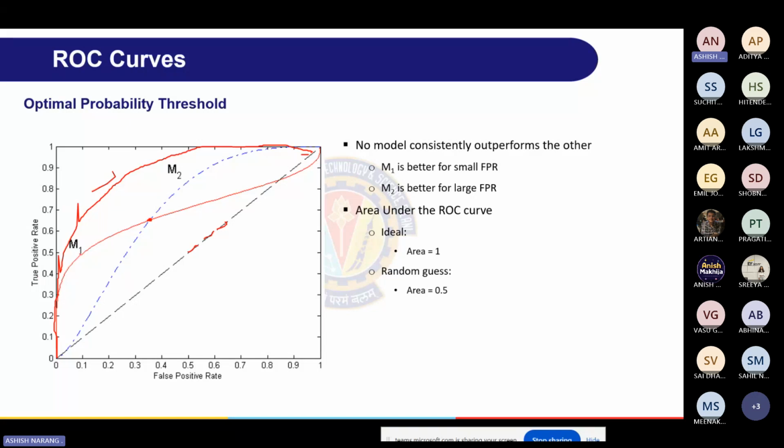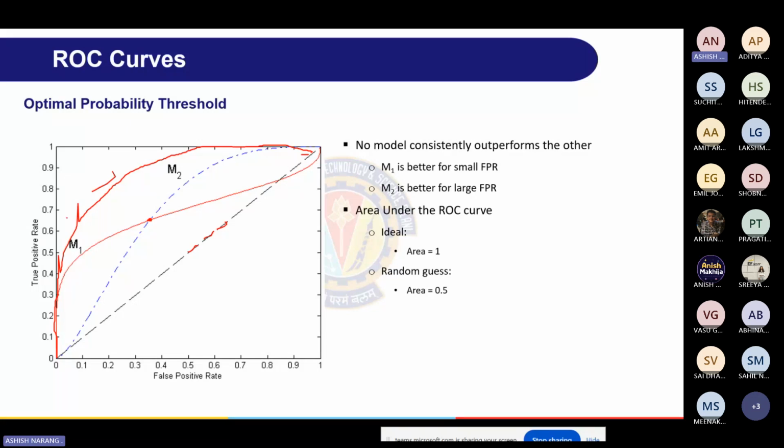If I want the false positive rate to be smaller, then of course M1 is better. M2 is better for larger FPR. Let me take an example in medical diagnosis.